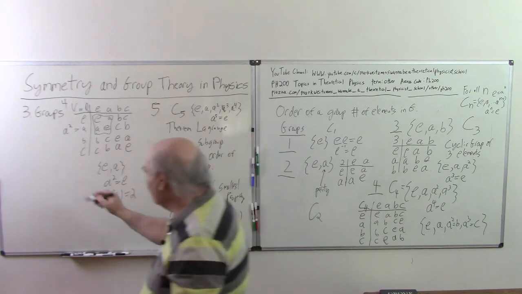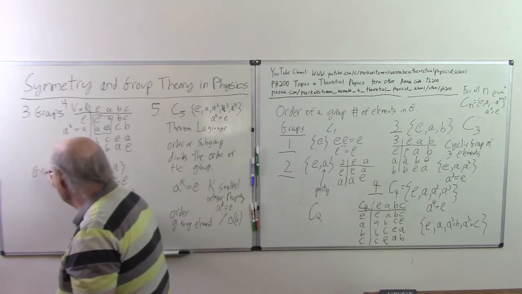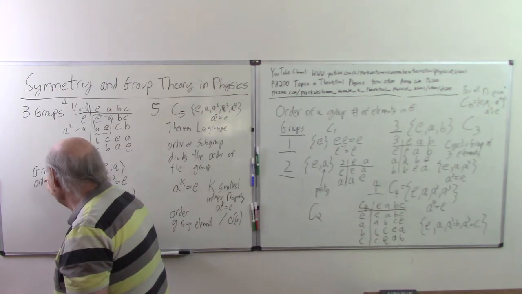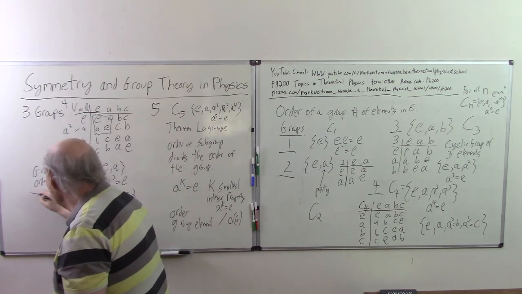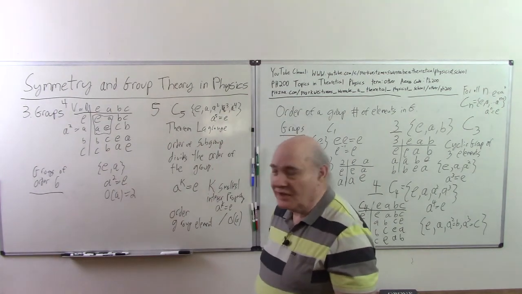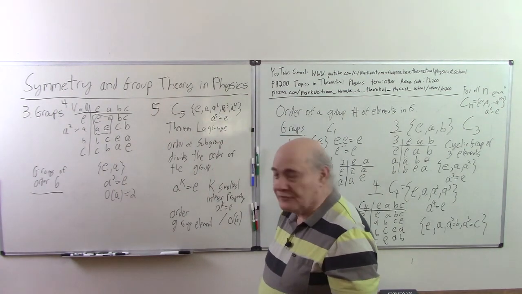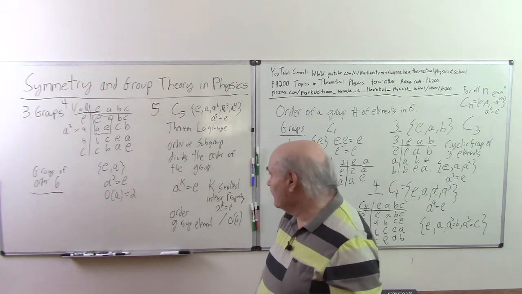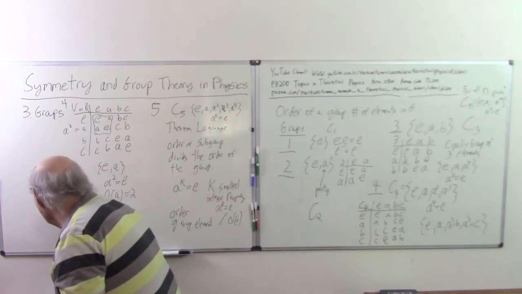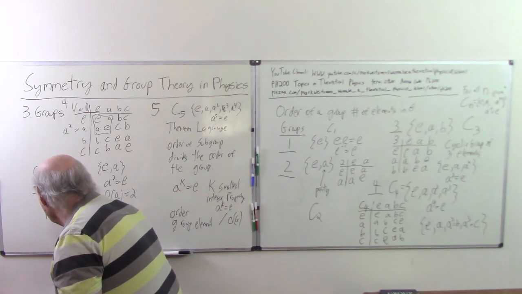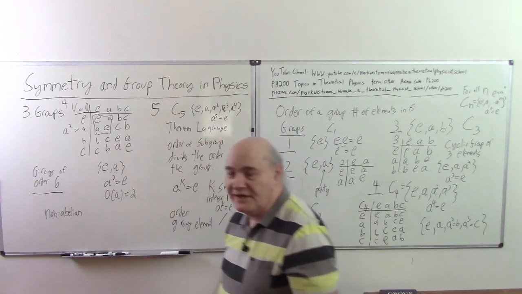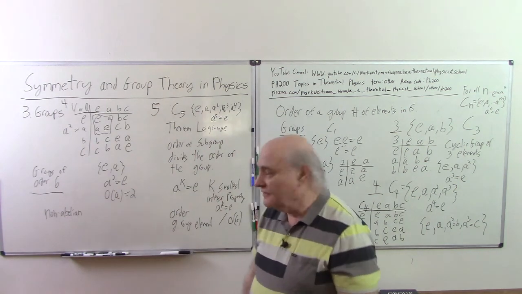In the next video, we're going to go to groups of order 6. And this is where we'll stop, because order 6 is the first time we'll encounter what we call a non-abelian group. Non-abelian is just a fancy way of saying non-commutative.